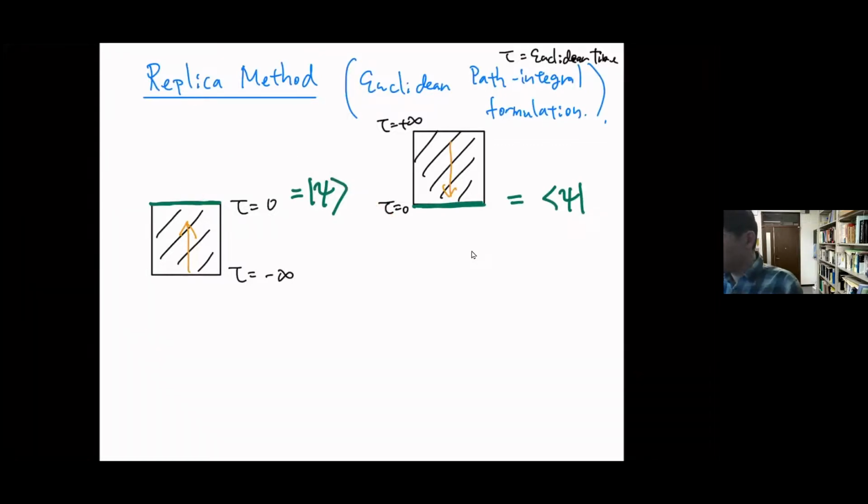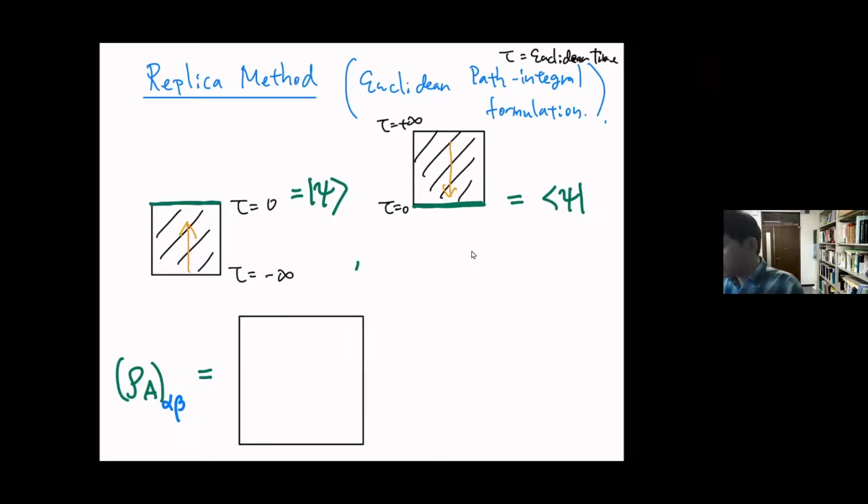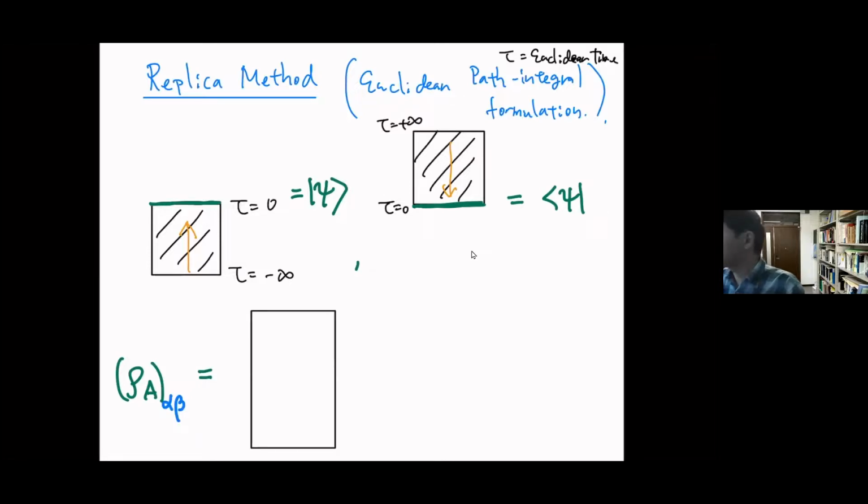If we identify this with this, we get the inner product. But we don't want the inner product. We want a reduced density matrix, rho_A with some indices alpha, beta. So we again do a path integral, and we put a cut here, like this.